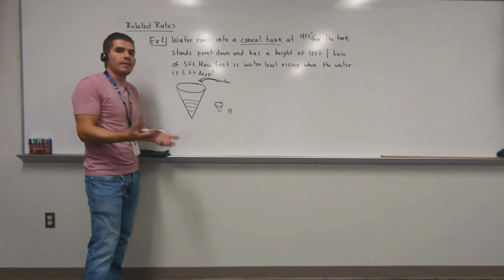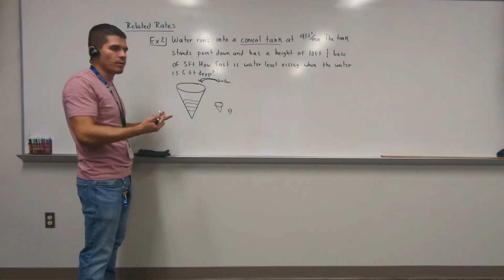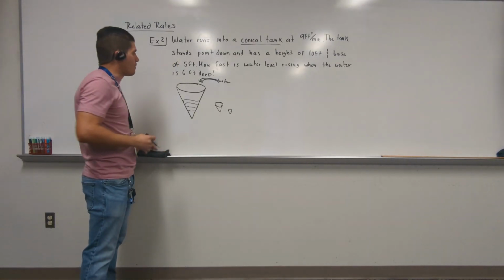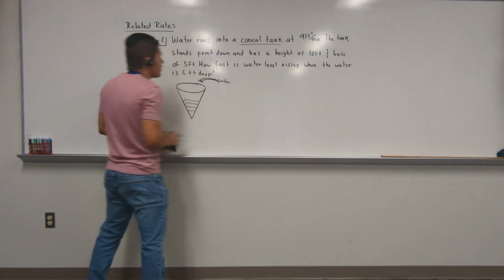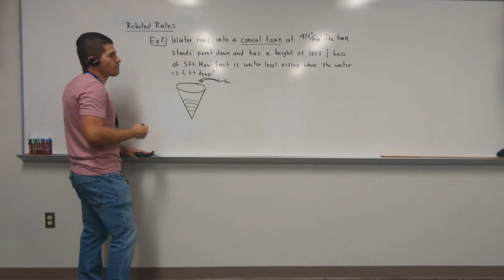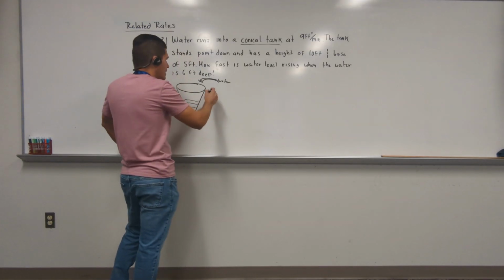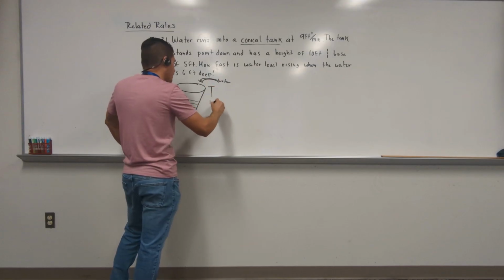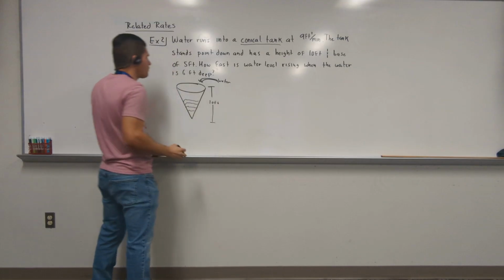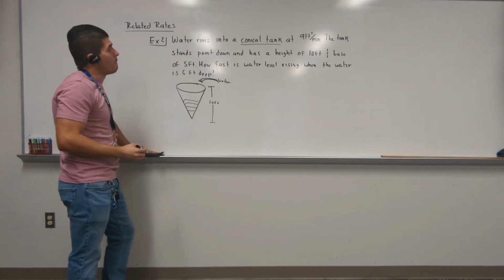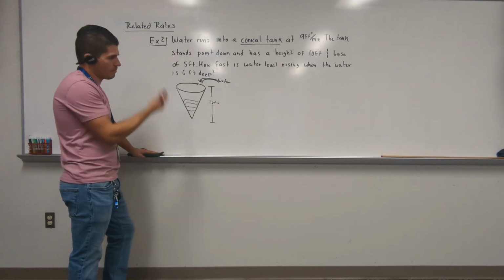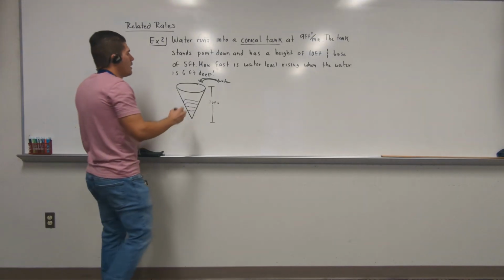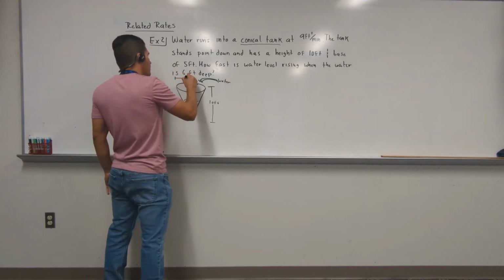Does it mean I really need to know all that? Not necessarily. I have to focus on what they're asking me for and what they gave me. So I'm going to do a little more labeling because they gave me more information. I am told that the height of the entire cone is 10 feet, so from here to here. And the base of it, because it's on its point, should be at the top, and I know that the entire base is 5 feet.